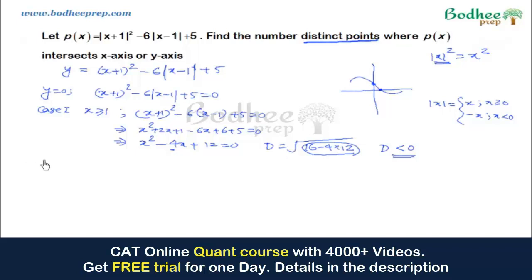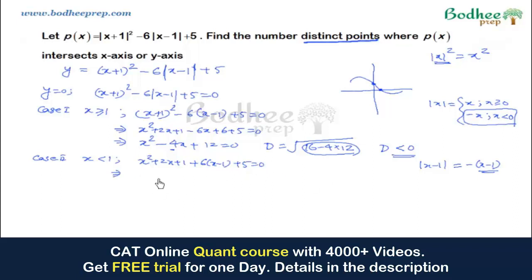Fine. Now take case 2. In case 2 we will assume that x is less than 1. In such a scenario the mod of x minus 1 will be written as minus of (x minus 1), right? With this logic, the expression will be x square plus 2x plus 1, and this will be minus minus plus, so it will be plus 6 times (x minus 1) plus 5 equal to 0.